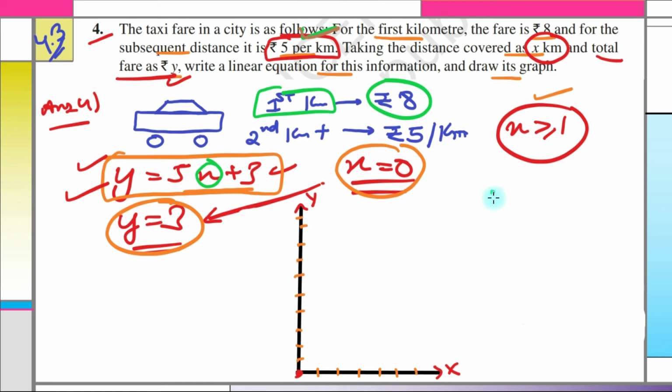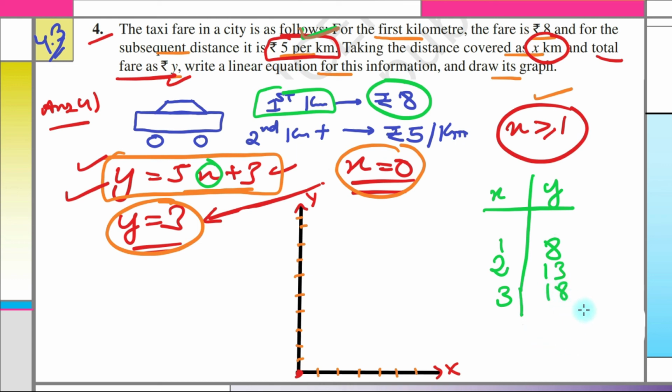So basically, I take x and y. For example, I fix the values of x as 0, 1, 2, for the sake of example. For 0, y comes as 3; for 1, it comes as 8; for 2, it comes as 13; for 3, it comes as 18, like that.